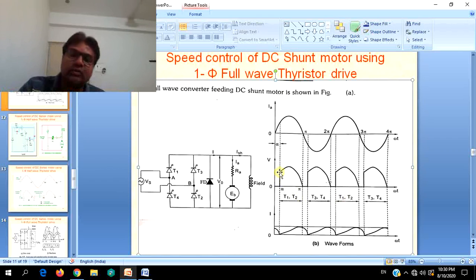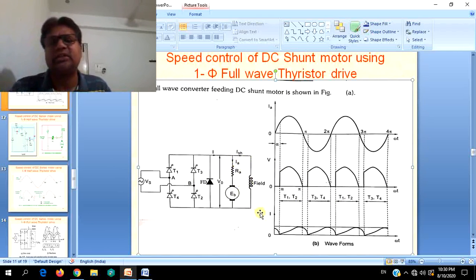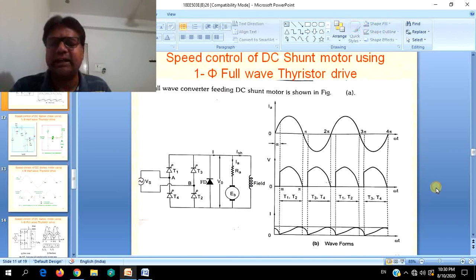So the net average voltage applied across the armature as well as the field will decrease, so eventually the speed will decrease. But you will have continuous current owing to the inductive action of the armature field.